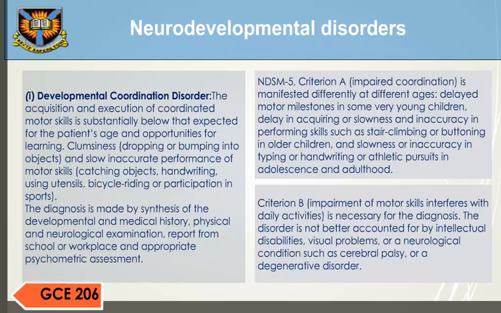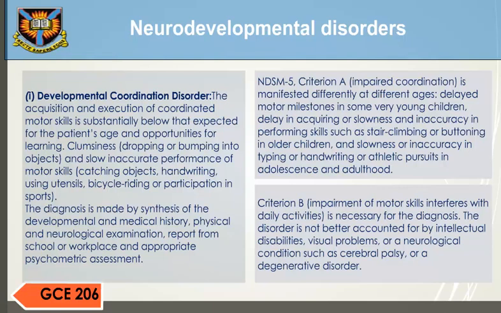Delayed motor milestones in some very young children. Delay in acquiring or slowness and inaccuracy in performing skills such as stair climbing or buttoning in older children, and slowness or inaccuracy in typing or handwriting or athletic pursuits in adolescence and adulthood.